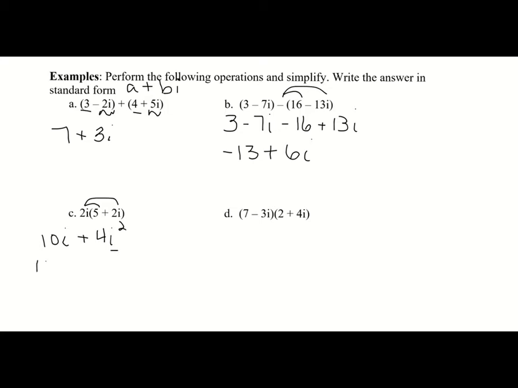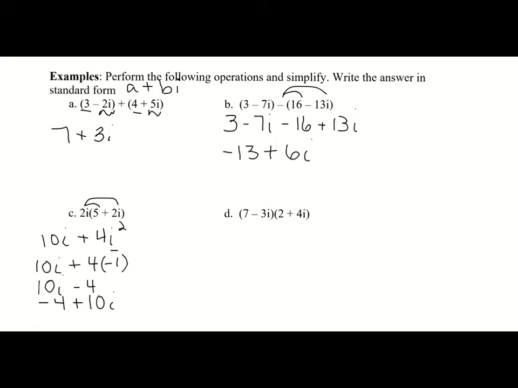So really right now we have 10i plus 4 times -1. And 4 times -1 will give me 10i minus 4. But notice right now we don't have it written in standard form, so we are going to swap it around. My final answer would be -4 plus 10i. Put it in that complex form.